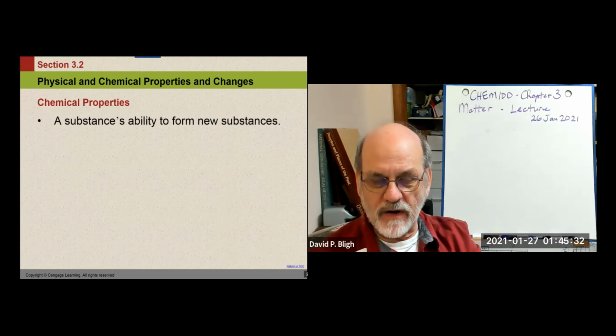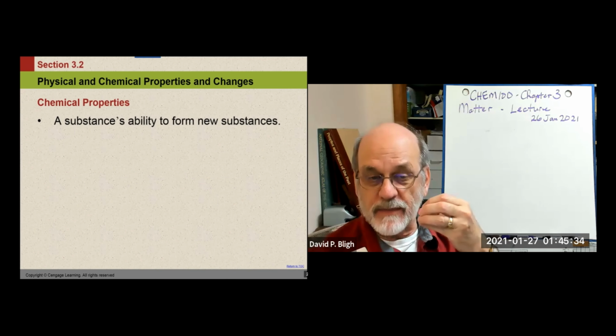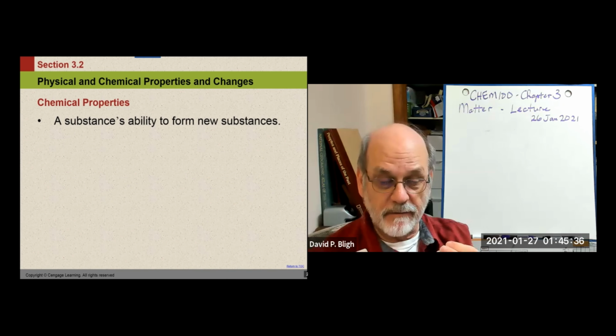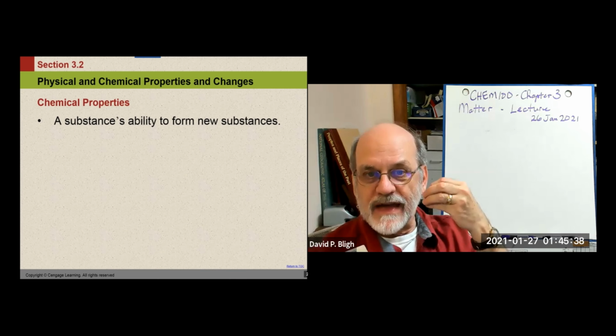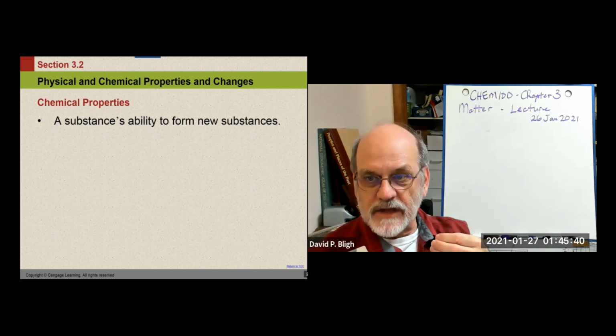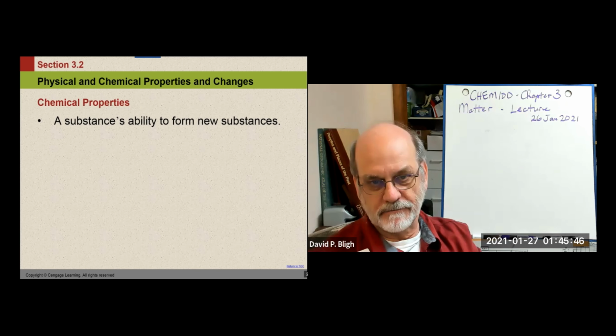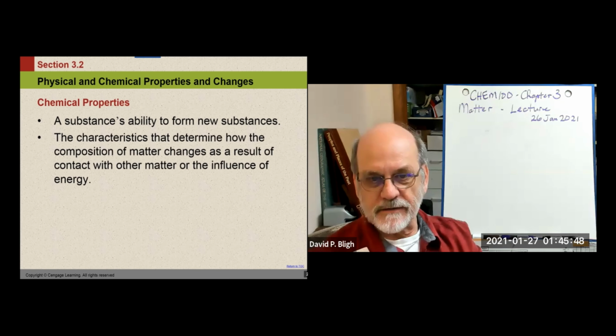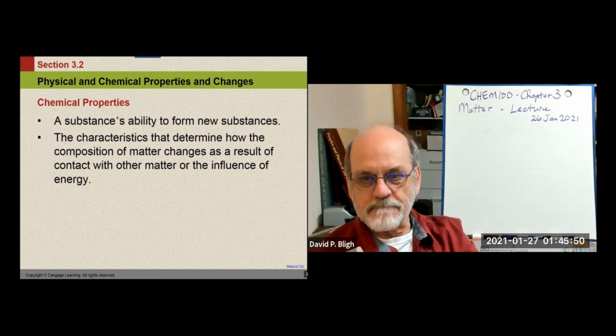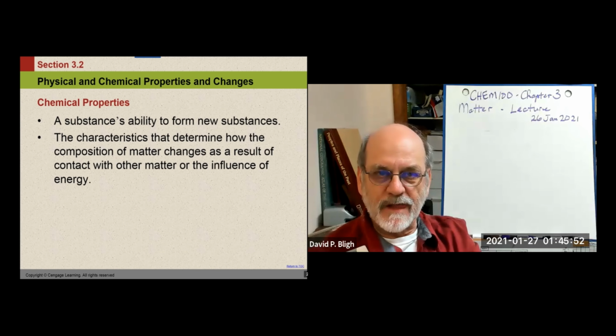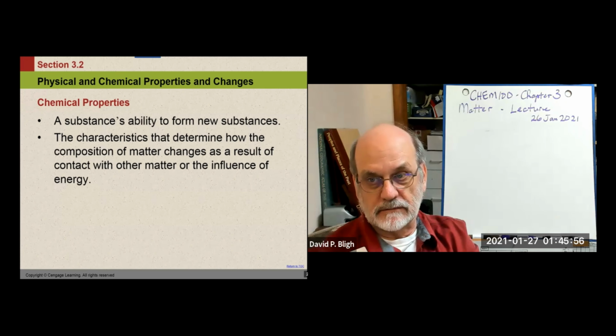Chemical properties, however, while they may be static as properties, they indicate the potential for a change of identity of the substance. For instance, if we say wood is flammable, then that's a property.